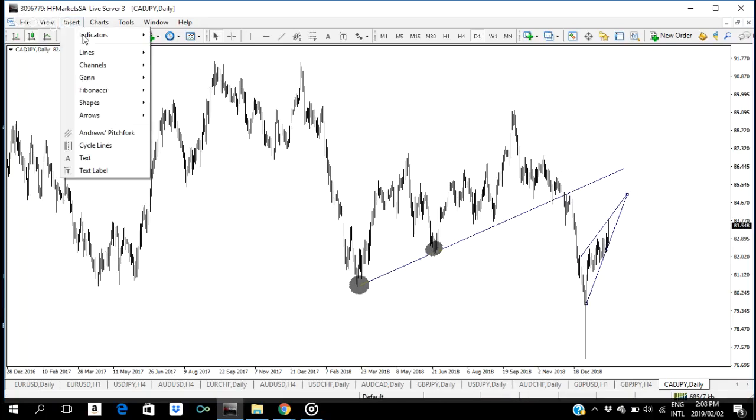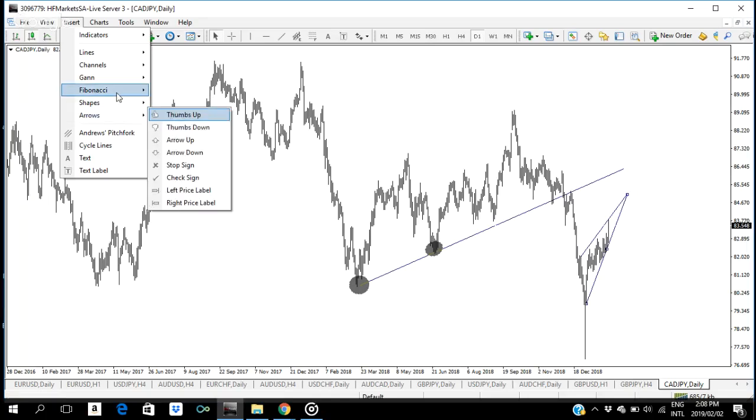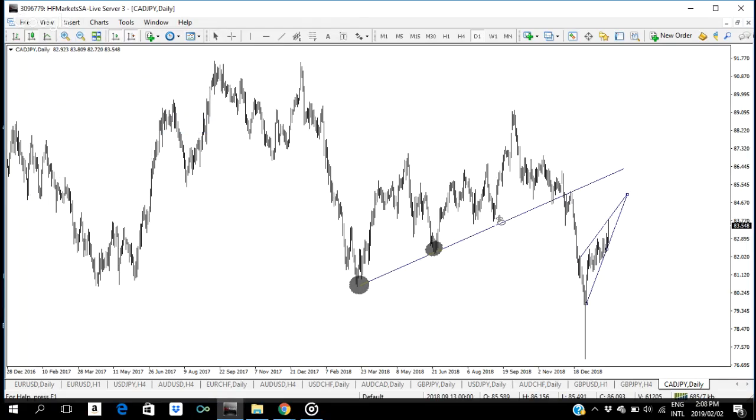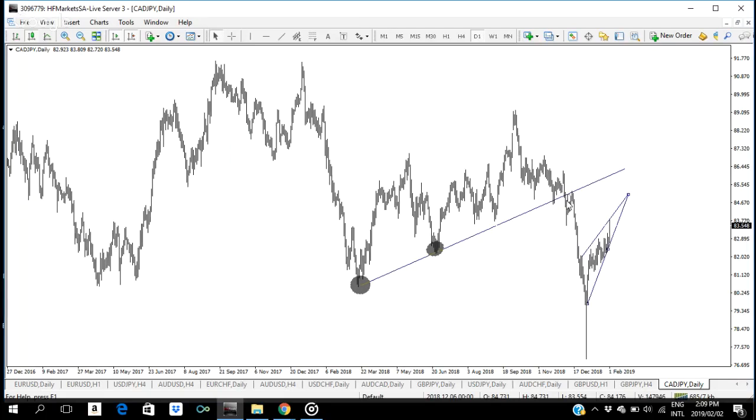Third time, it broke here. Let me just put this thing properly here. It's busy tripping three times here and broke out, and retraced and went down.